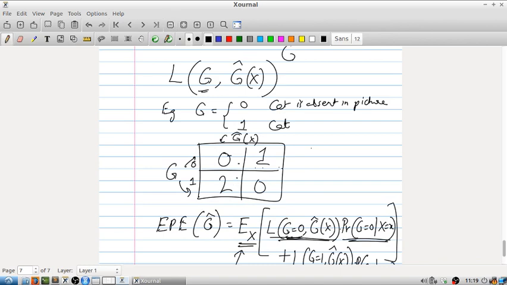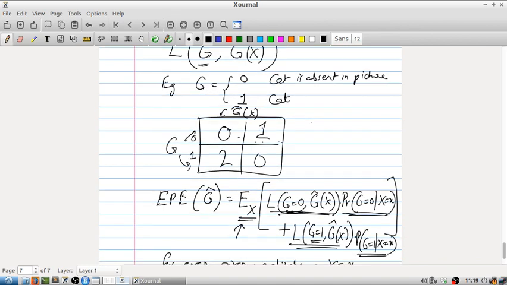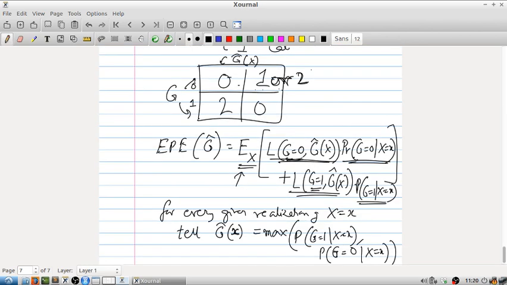I can replace 1 or 2 here for the loss. Let's say I pick a symmetric loss, so I take 2 here. Then the best predictor is actually the highest of the two probabilities. If the real probability, given the picture, that it's a cat is 0.6 and that it's not a cat is 0.4, then you should predict that it's a cat.